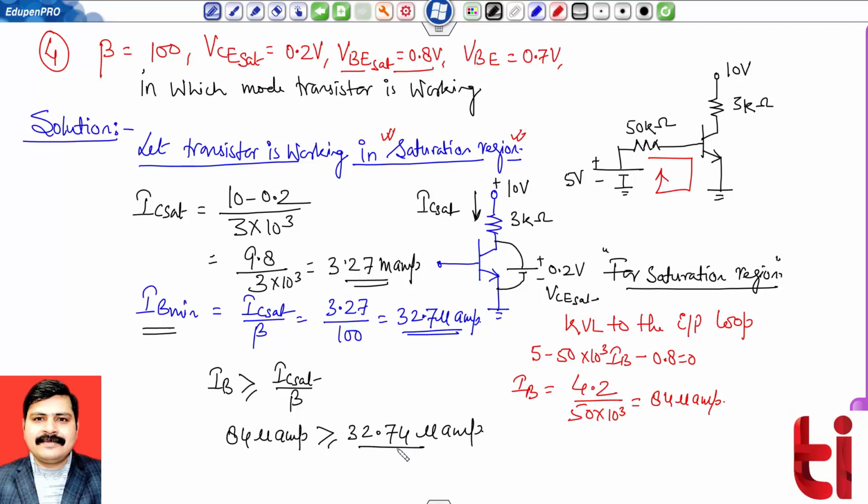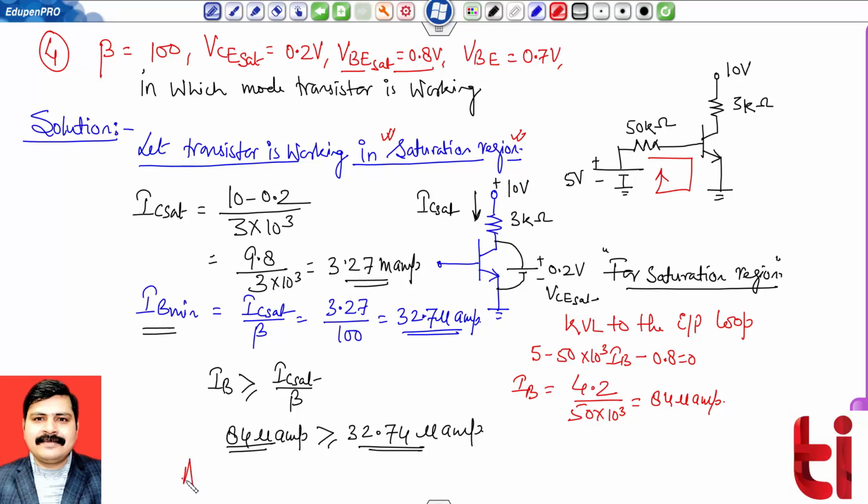So if my base current is 32.74 microampere, this is the minimal value at which my transistor will move into the saturation region, and available base current is more than that. So our assumption is correct and my transistor is working in saturation region.